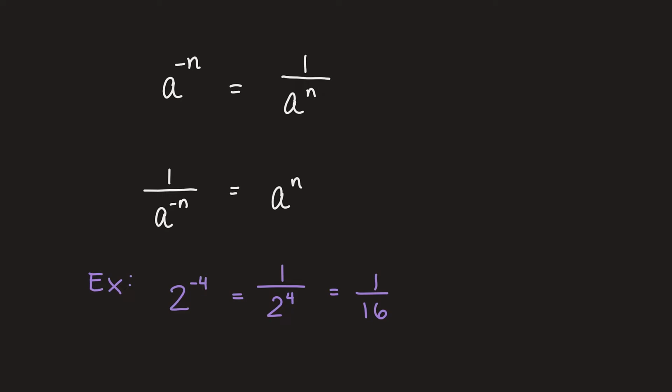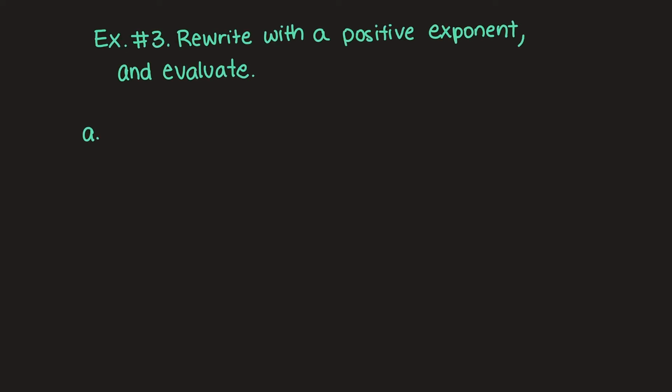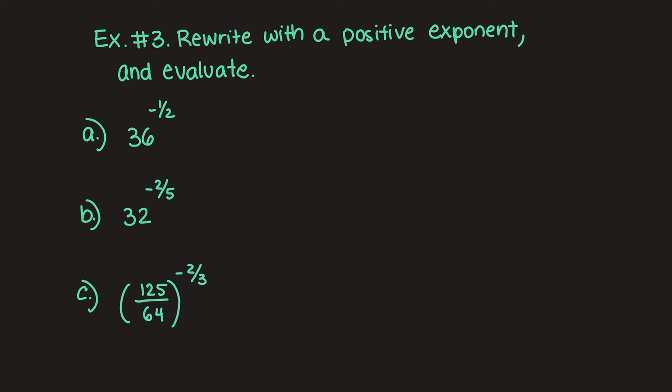And we can extend this idea to rational exponents. So if we have a raised to the negative m over n, we can rewrite it in the following way so that we have a positive exponent. So let's try a few examples. We want to rewrite these expressions with a positive exponent and then evaluate.